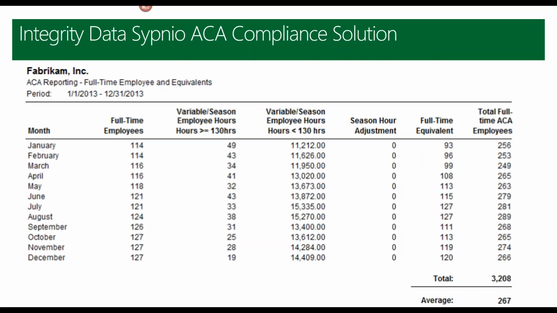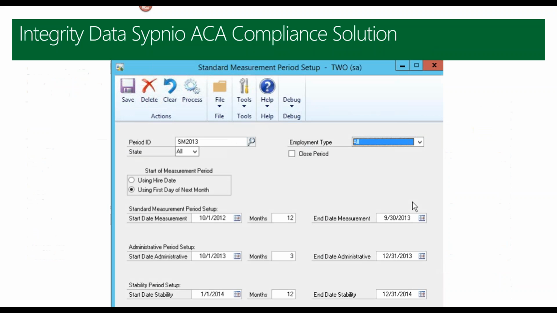Here's a sample of one of their reports telling you by month what reports, how many employees you had. And that's also important with these two products. If you need to document that you are following the law, both of these products have the ability to document that for you.